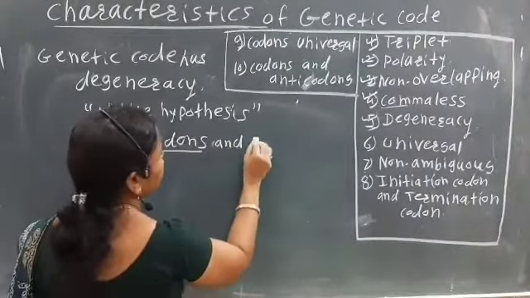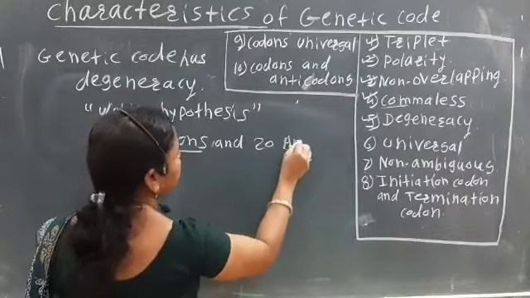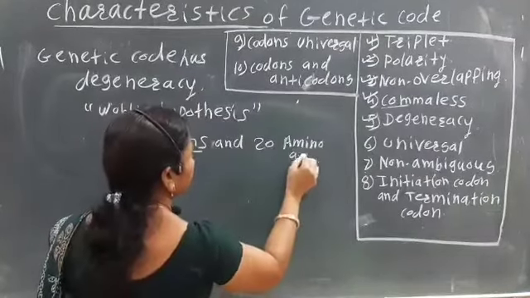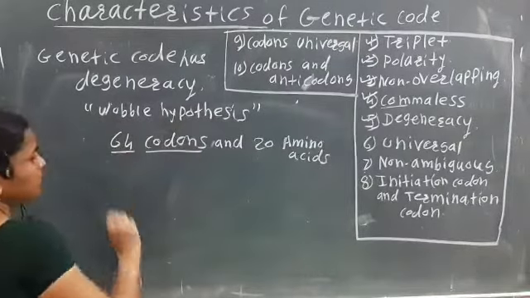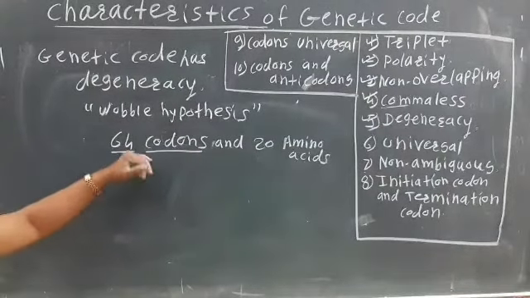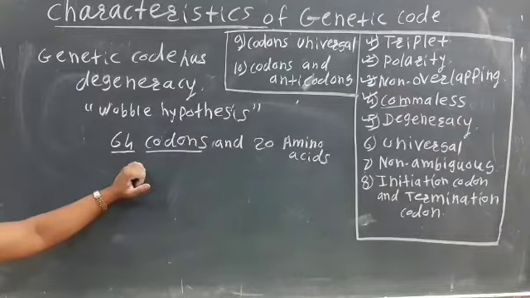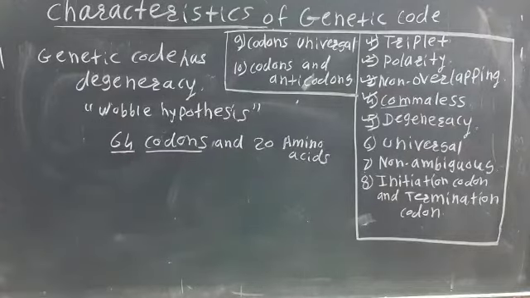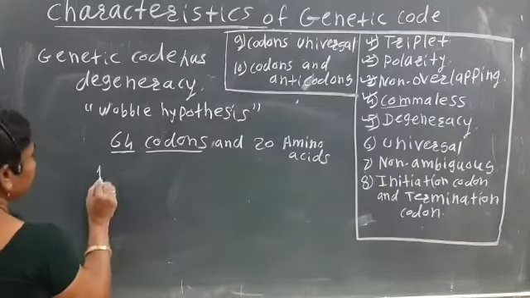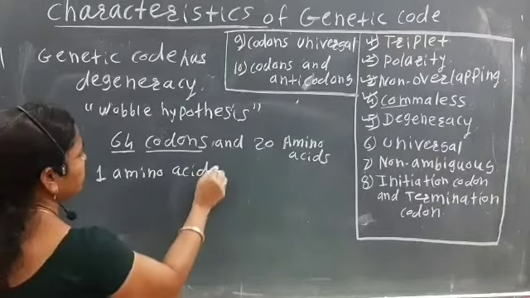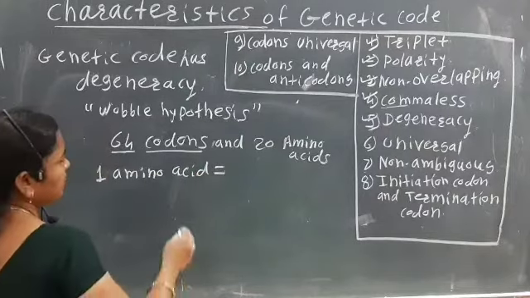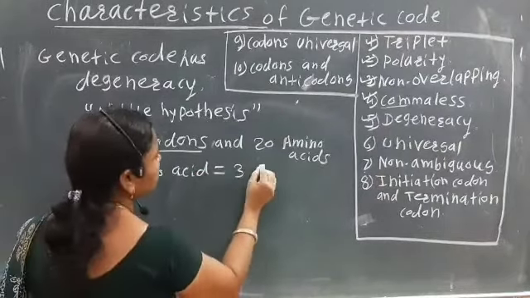And how many amino acids are there? 20 amino acids. So these 20 amino acids are coded by the 64 codons. Okay, so one amino acid can be coded by up to 3 codons. म्हणजे generally एक amino acid, there is a possibility of 3 codons.